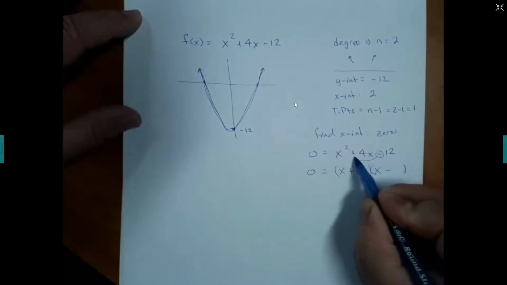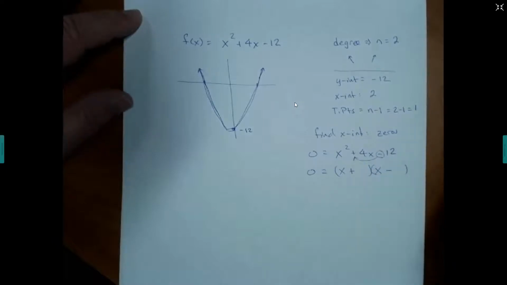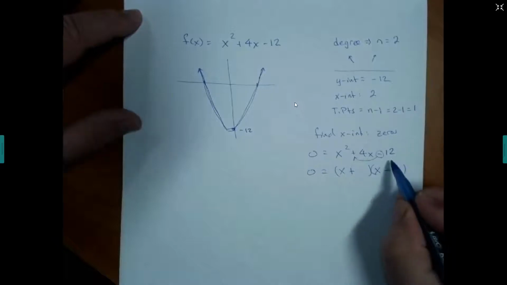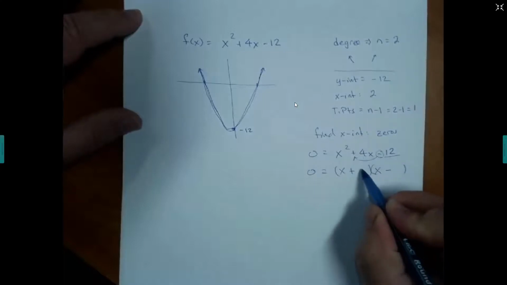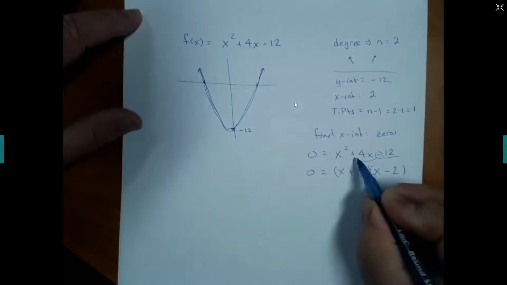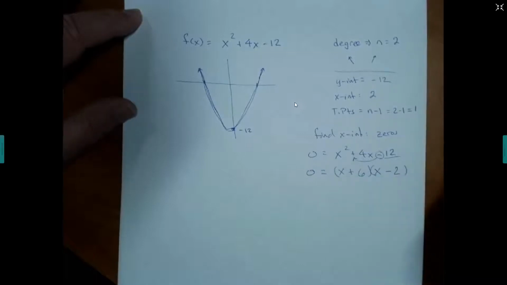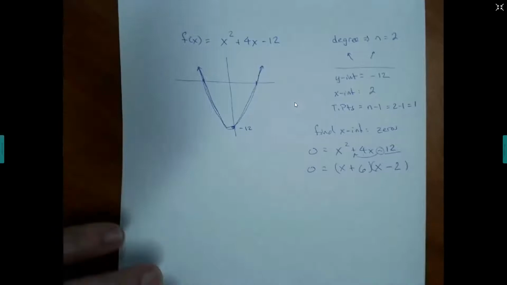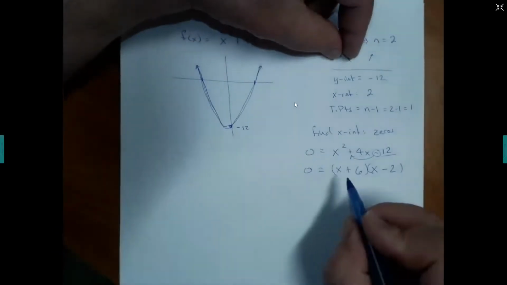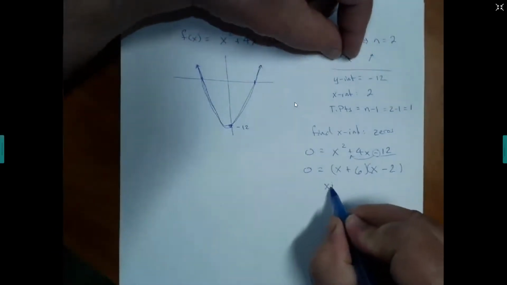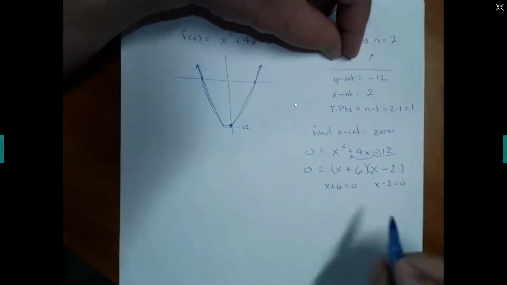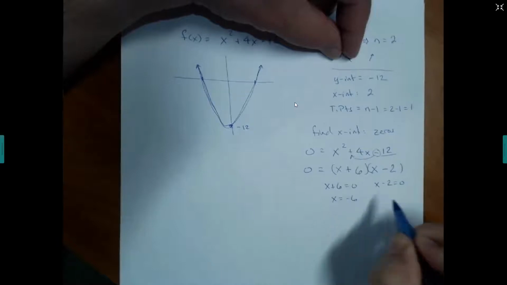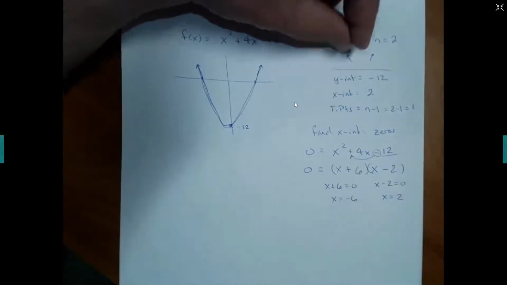And the bigger number is going to be positive. So what times what is 12, and when you subtract them, you get 4? 6 and 2. And 6 has to be positive. Now we set these equations equal to 0. So x equals negative 6 and x equals 2.